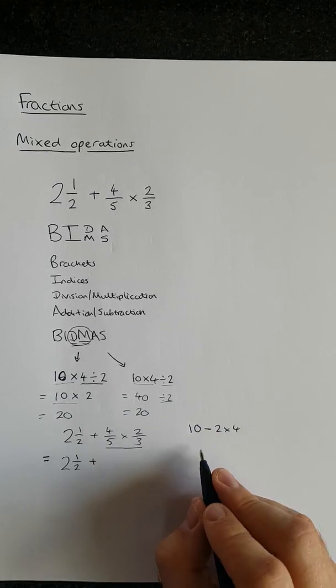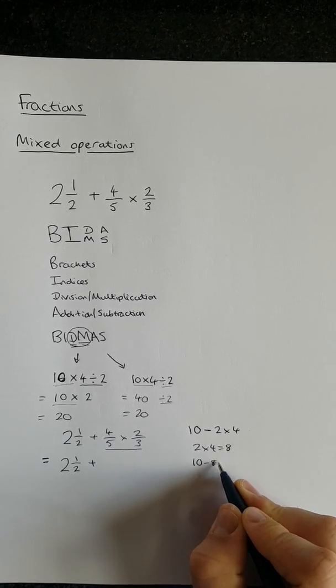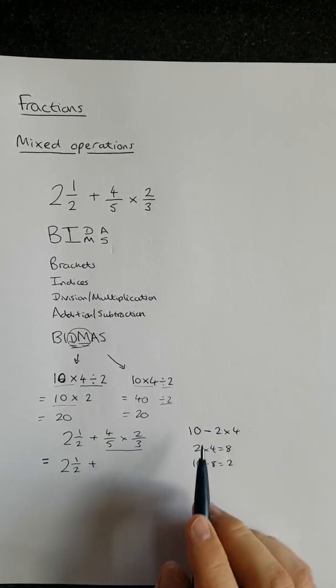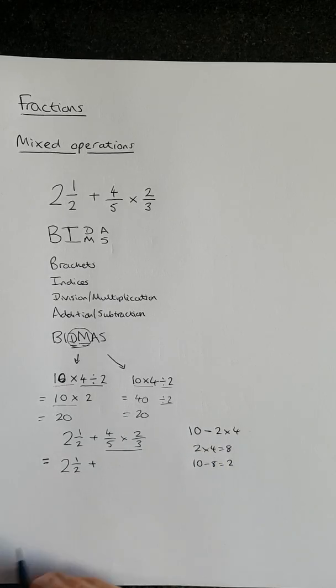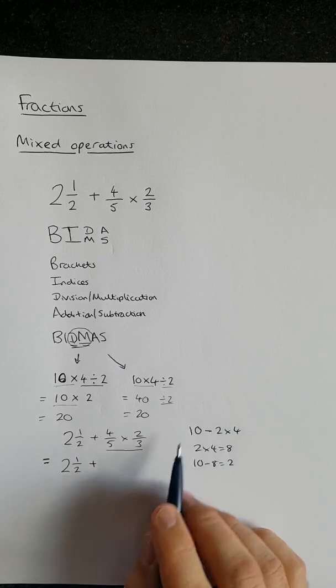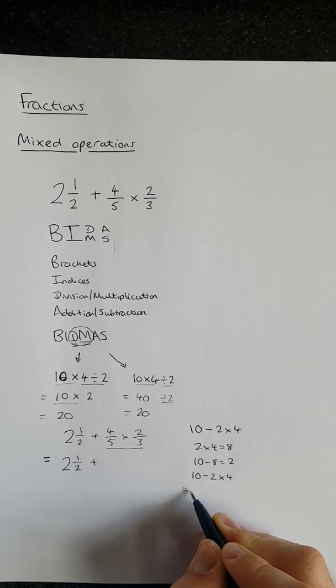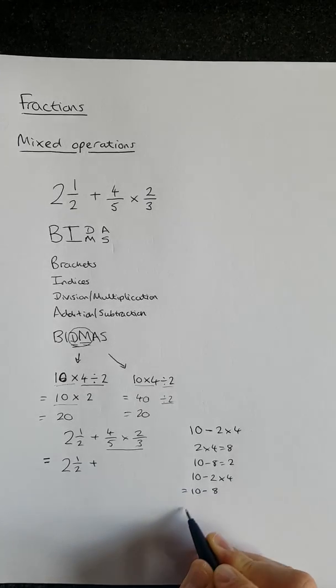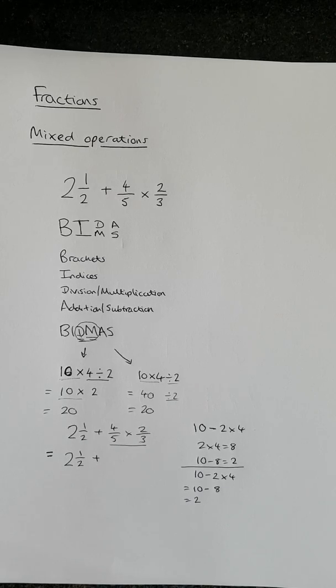Some people will then write 2 times 4 equals 8, 10 take away 8 equals 2. This can get unclear, and if you deal with negative numbers and complicated sums, you can make mistakes very easily. Keep everything together, and it's much, much clearer.